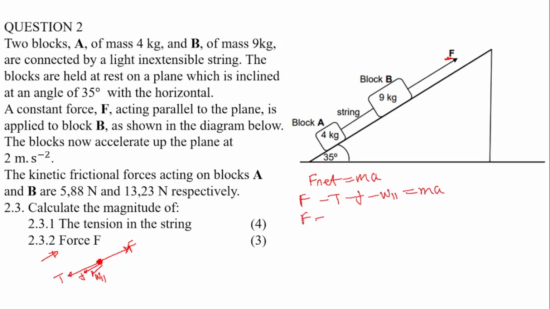F minus, we managed to get T. Remember, in this question we wanted to find T, we said it's 36,36, then minus the friction for B is 13,23, right? And then the component of weight parallel to the inclined plane will be mg, which is 9, mg 9,8, then sine 35, which is equal to ma, so it's going to be 9 times 2, like that.